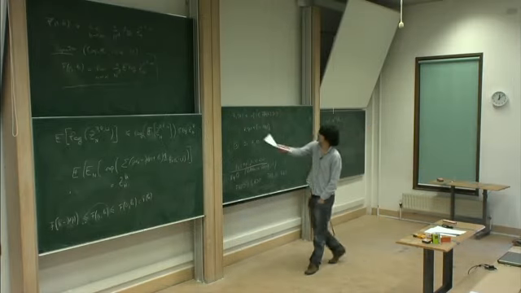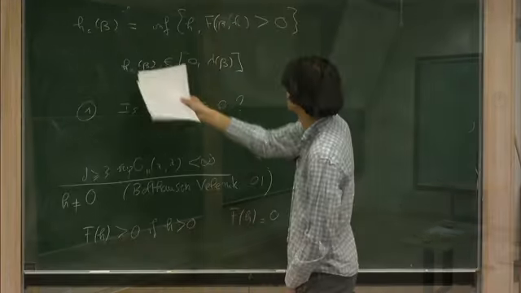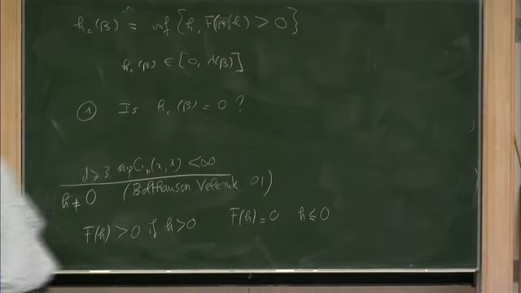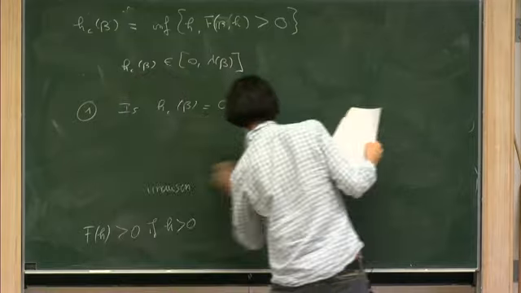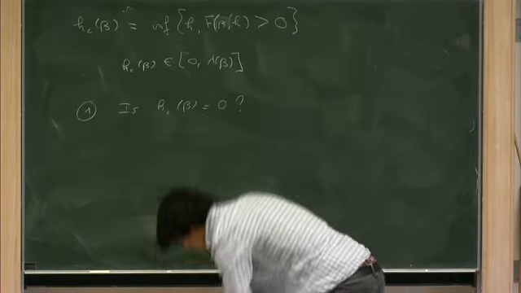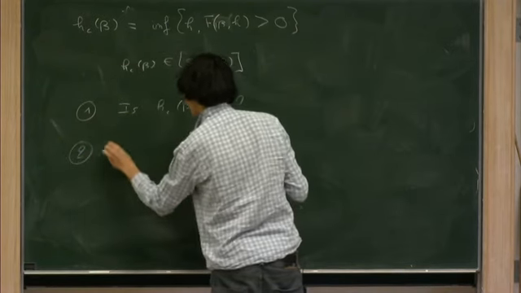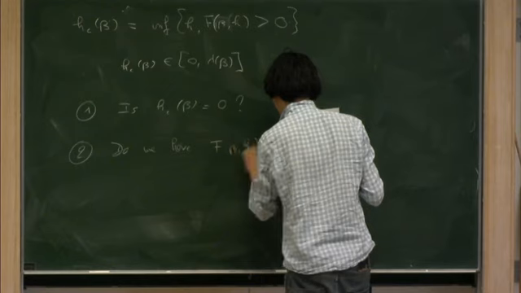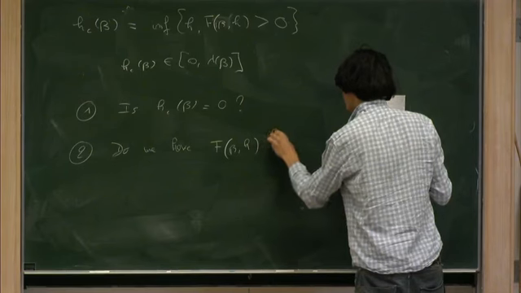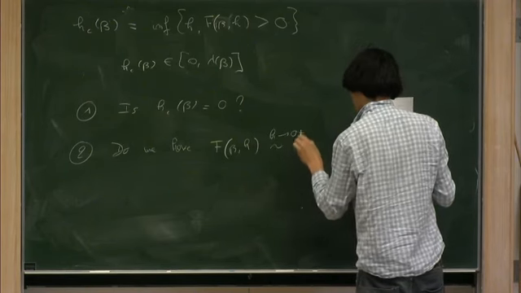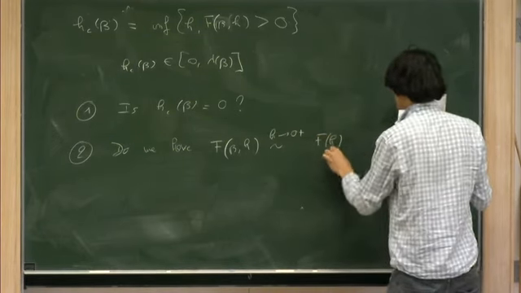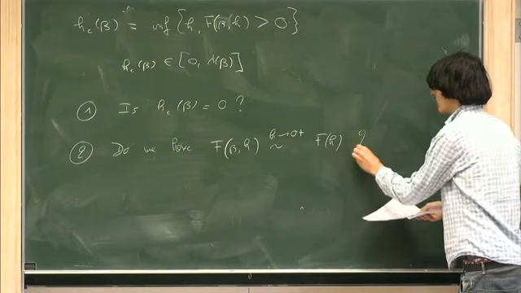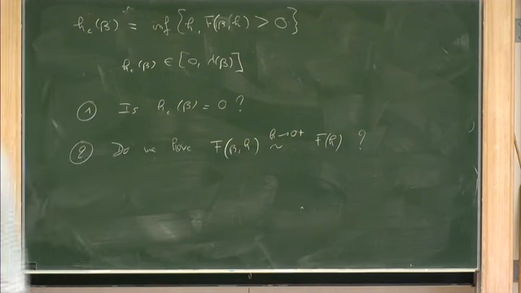Do I lose something on the position of the phase transition when I use the Jensen inequality? And the second thing would be, do we have the same asymptotic behavior when h tends to 0? So in the case where we have the same critical point, do we also have the same critical behavior?